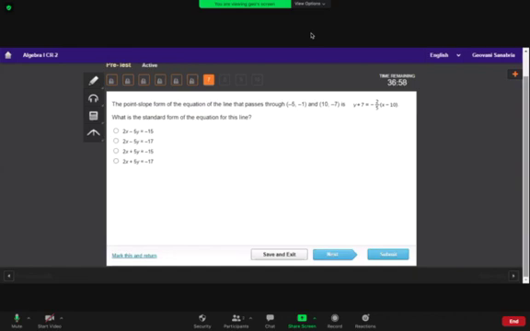So if we rewrote everything, it would be y plus 7 equals what on the other side? Negative 2/5 x.